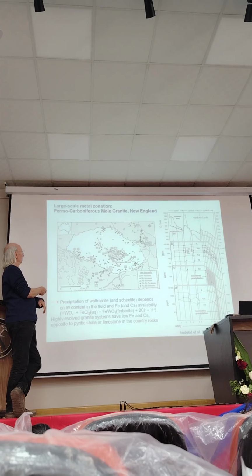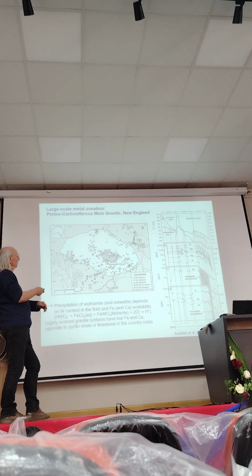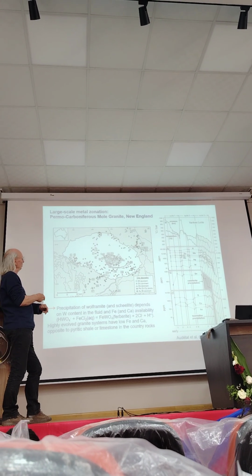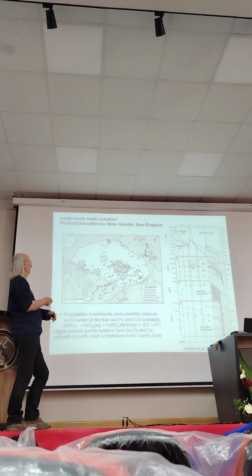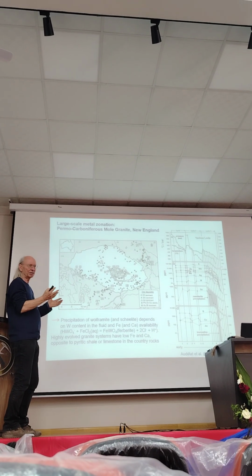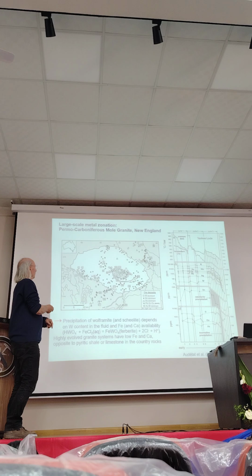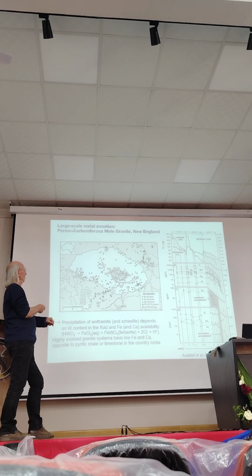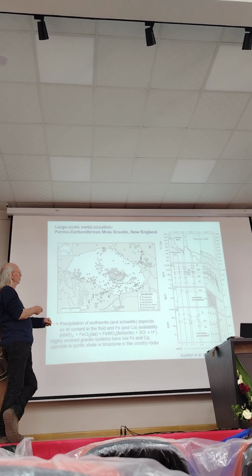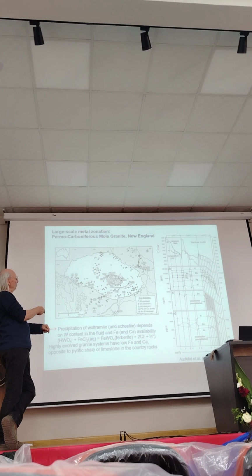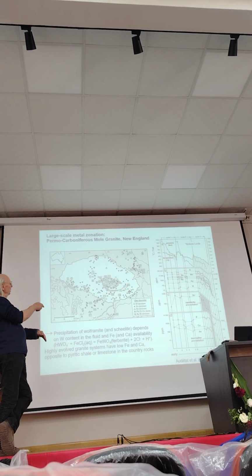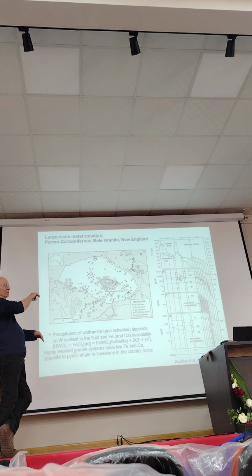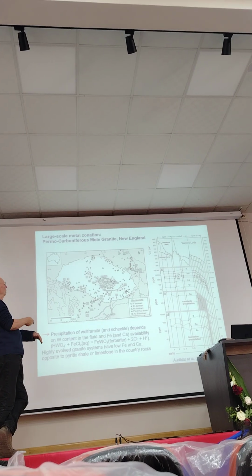So this is the high temperature part of the system, and there are certain parts where it's tin dominant, and other parts where it is tungsten dominant. This is the same granite situation. In fact, the reason why there is so much tungsten here is that this is a sediment which is left here. That's the intrusion, and this is a remnant of the host rock.